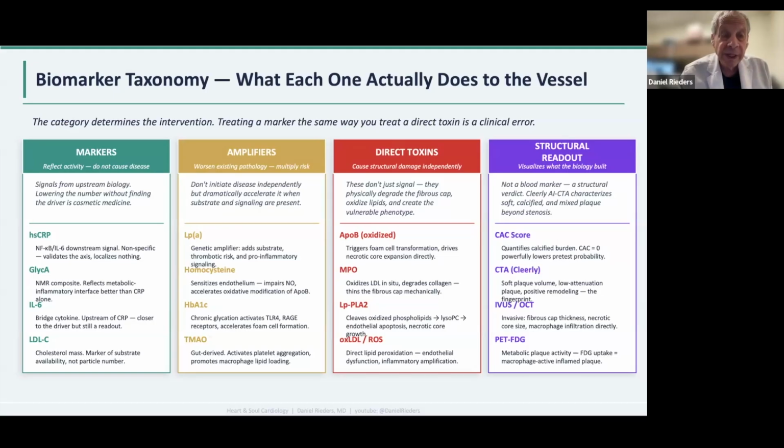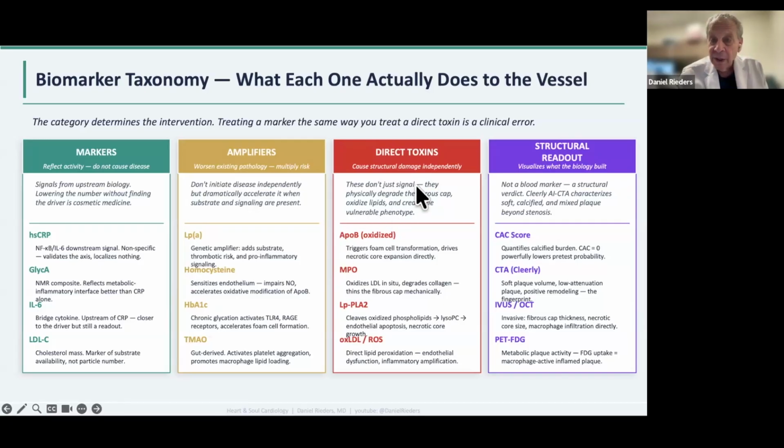So what exactly are these telling us? Going back to the markers, so we have the markers, the hsCRP, the GlycA, the IL-6, the LDL-C, and then we're looking at amplifiers of disease. And this would be the lipoprotein A, which belongs in all of these categories, homocysteine, hemoglobin A1C, TMAO. So we want these to be, this turns down the flame and the fire and stops the fuel of the fire.